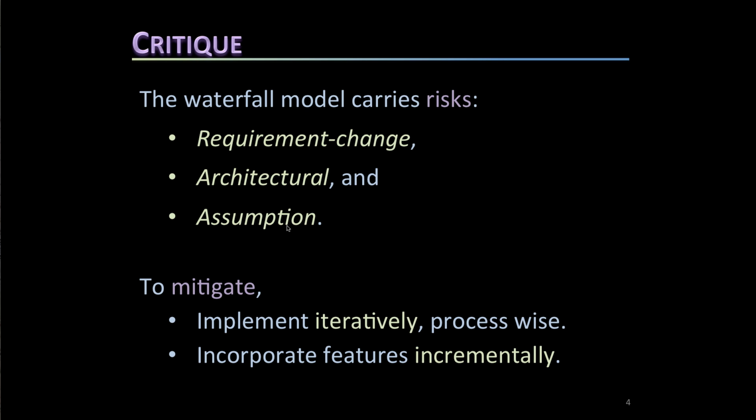And there's a new process that still involves the 5 stages, but it involves them in an iterative fashion. So rather than saying we're going to do the first phase completely for the entire project and then move to phase 2, we're going to do all 5 phases in one iteration and see, evaluate, and then repeat again for another one. So we're going to go through the process iteratively. Also, we're going to do it incrementally vis-a-vis the features.